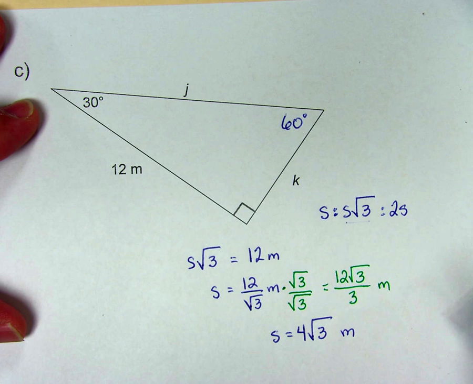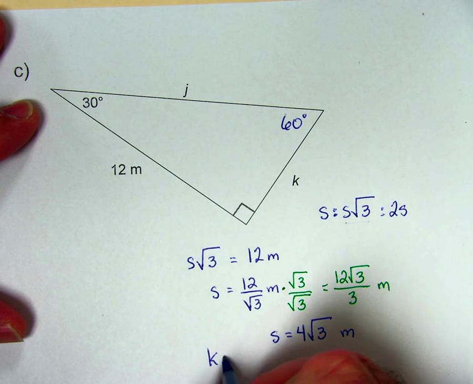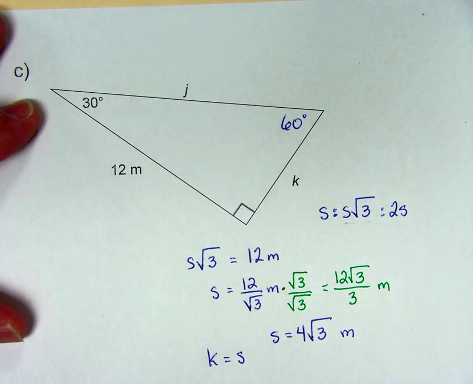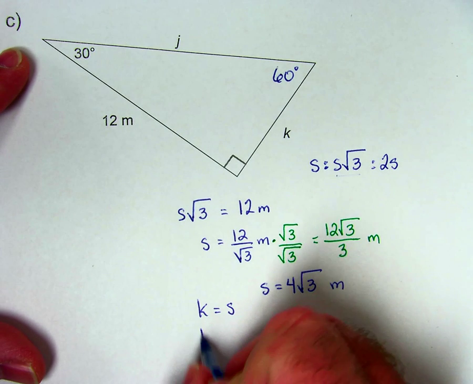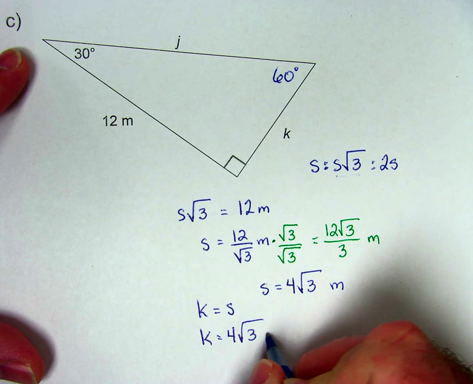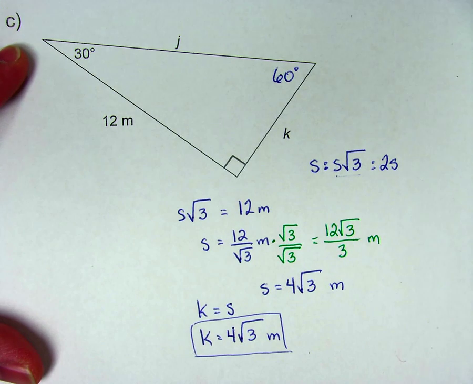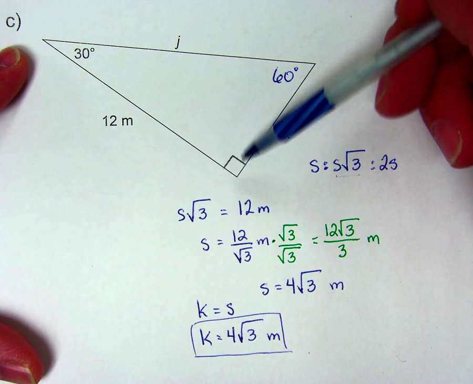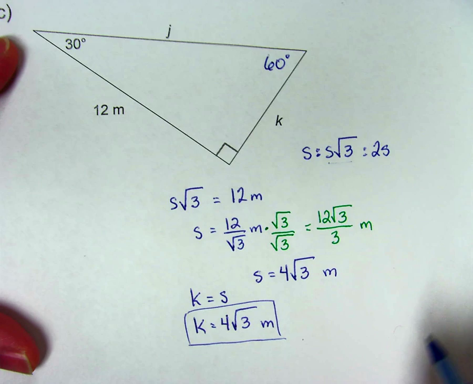So, if I look up here, K is our shorter leg. So we now know that K is equal to 4 times the square root of 3 meters. What's missing? The hypotenuse. The hypotenuse is this number in our ratio.